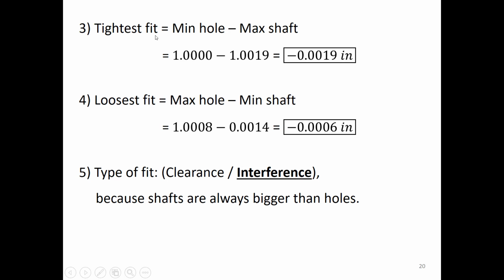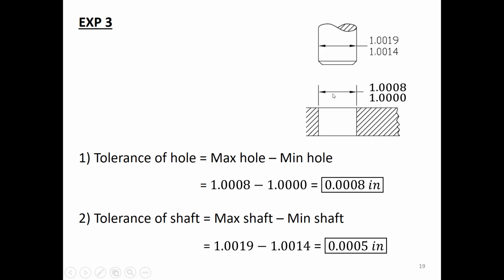And the next problem is asking for the tightest fit and the loosest fit. So once again, if you want to have the tightest fit, then you're going to have the largest shaft and the smallest hole. You're inserting the shaft into the hole.